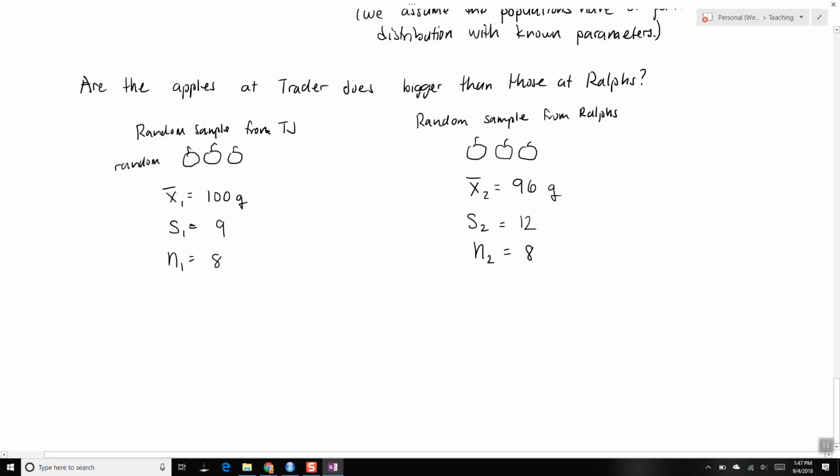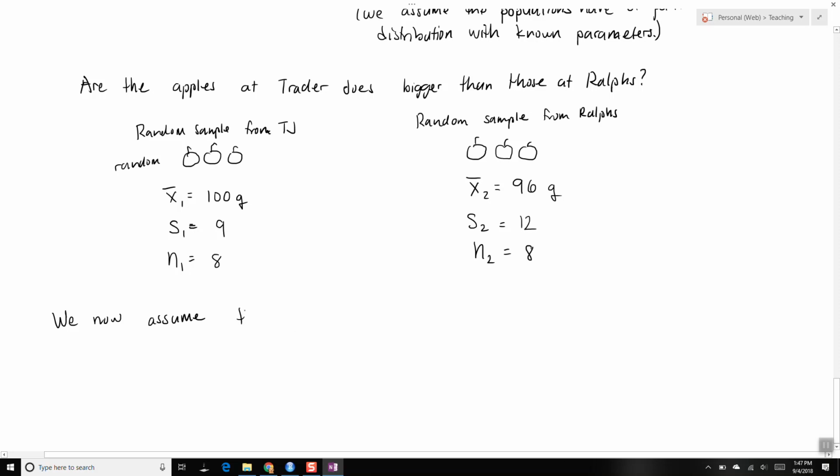All right, so this is the parametric part. Because you got to make some assumptions somewhere, right? So this is our assumption. These are questionable assumptions, but we're going to assume that these numbers that we got represent the population of all Trader Joe's apples.